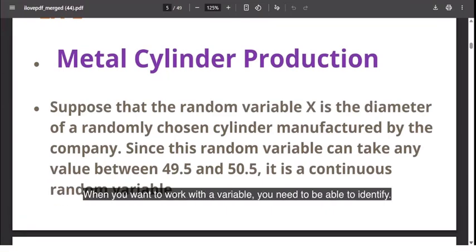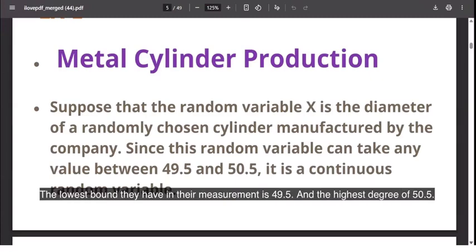When you want to work with a variable, you need to be able to identify the nature of the variable. Is it discrete or continuous? Because for the diameter of a cylinder, when they measure, the lowest bound in their measurement is 49.5, and the highest they got is 50.5.